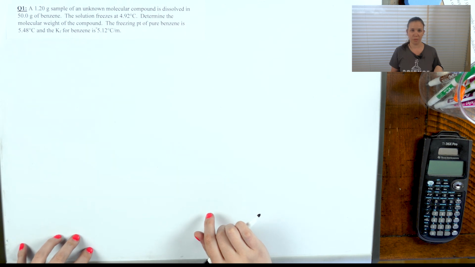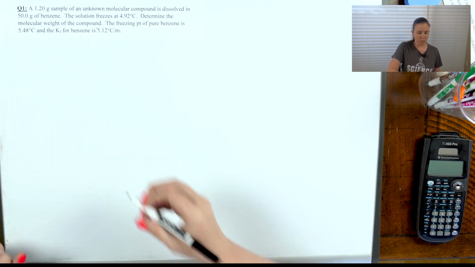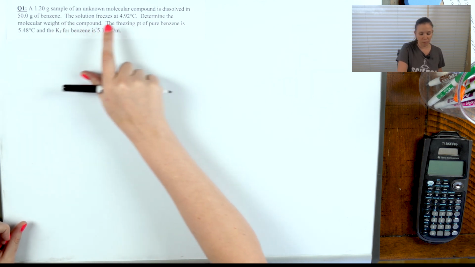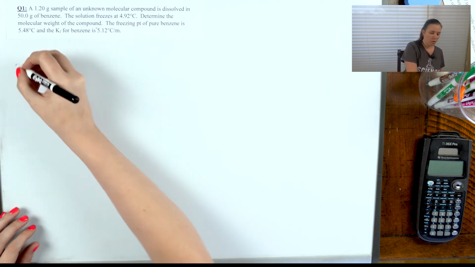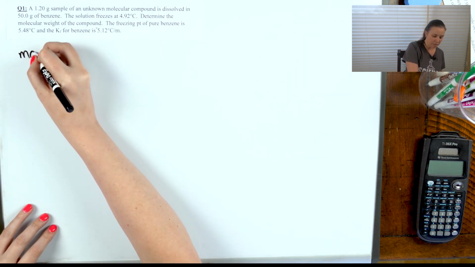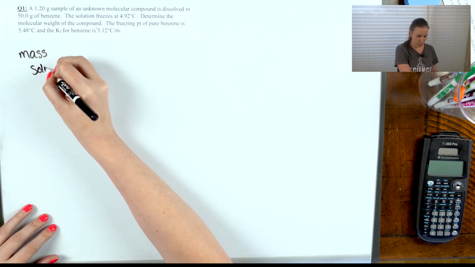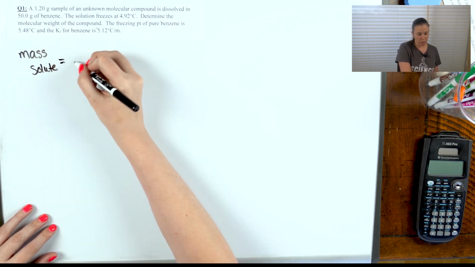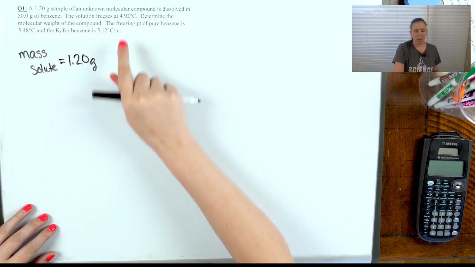So I'm going to start by making a list of variables here on the side. The first number I come to is that I have a 1.2 gram sample of an unknown molecular compound dissolved into something else. That would make that my solute. So I have the mass, since it's in grams, of the solute, and that's going to be the 1.20 grams.